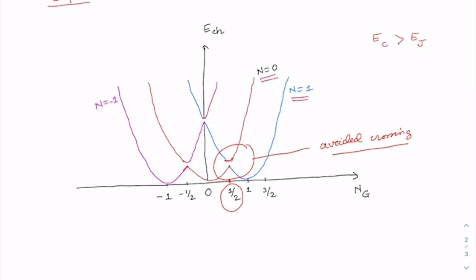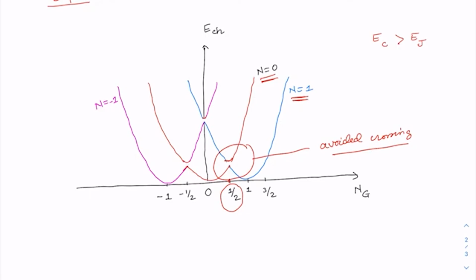As you can see, when N_g is equal to half and the perturbation is switched off, the energy states corresponding to n equal to 0 and n equal to 1 cross each other. So if I focus around N_g equal to half, then we are confining ourselves to the charge states n equal to 0 and n equal to 1.